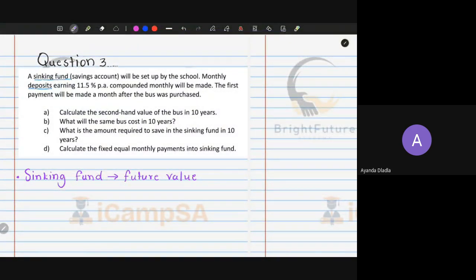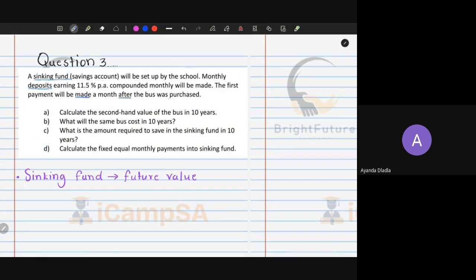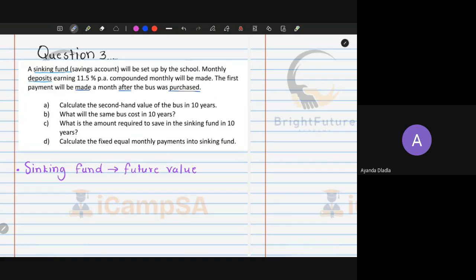So a sinking fund, which is a future value investment, will be set up, and then they say monthly deposits that are earning 11.5% compounded monthly will be made. And then they say the first payment will be made a month after the bus was purchased. So we need to unpack this. And then the question is now, we need to calculate the second-hand value of the bus in 10 years' time.